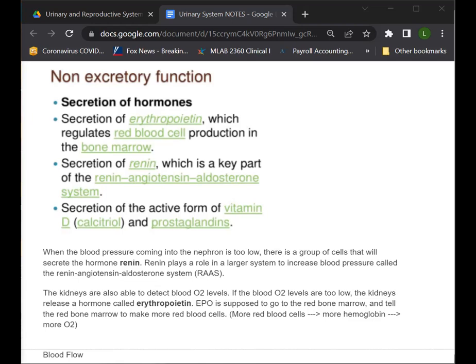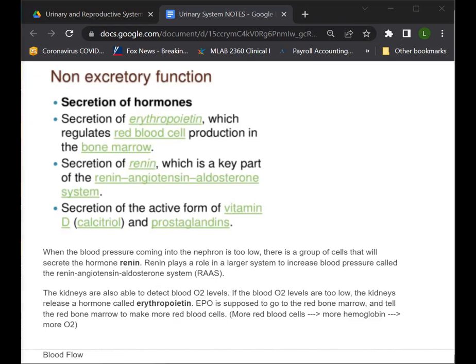Okay, then the kidneys are also able to detect blood oxygen levels. And so if the blood oxygen levels are too low, then the kidneys are going to secrete a hormone called erythropoietin. Erythropoietin is supposed to go to the red bone marrow of long bones, and it's supposed to tell them to make more red blood cells.